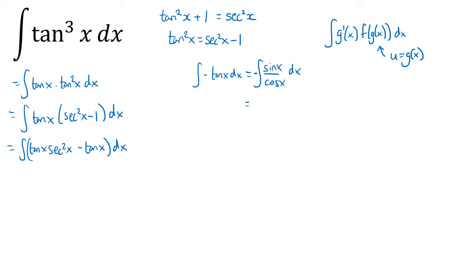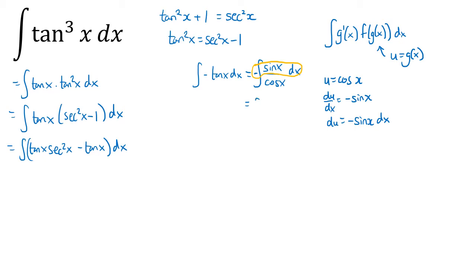So if we choose cos x as our choice of u, then we can say that du by dx is equal to minus sine x. So du is equal to minus sine x dx if we treat that like a fraction. And we can see that that's what we've got on the top of here. We've got minus sine x dx.